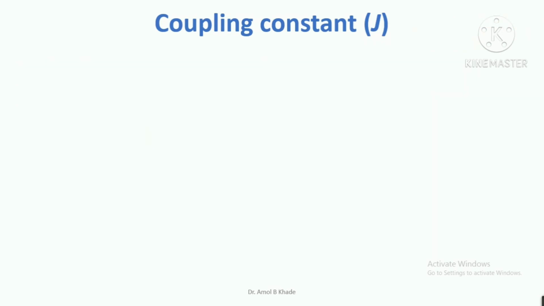Now we can understand the coupling constant in a better way by taking another example. Let's say I have one signal in the NMR spectra and it is appearing as a doublet. So let's say we have one signal here like this.